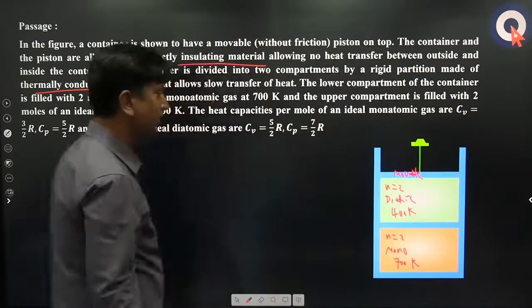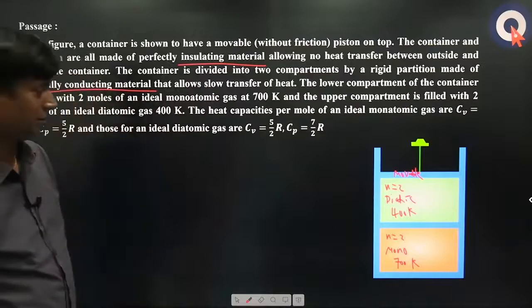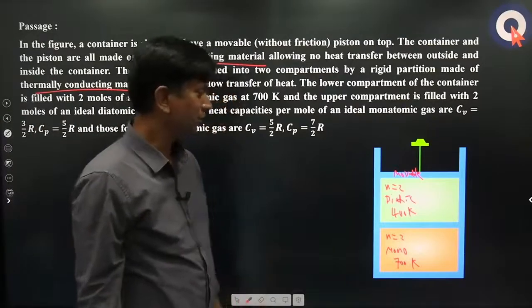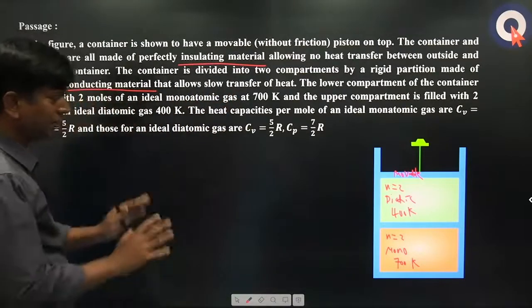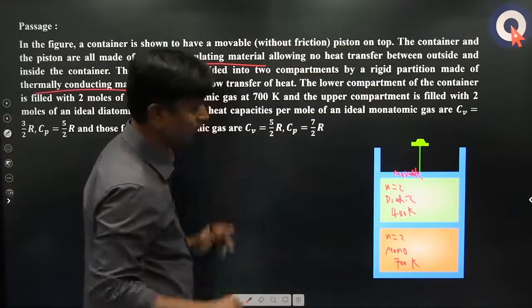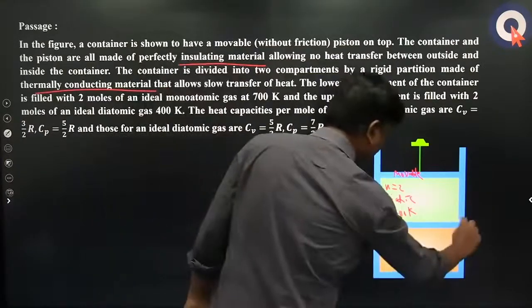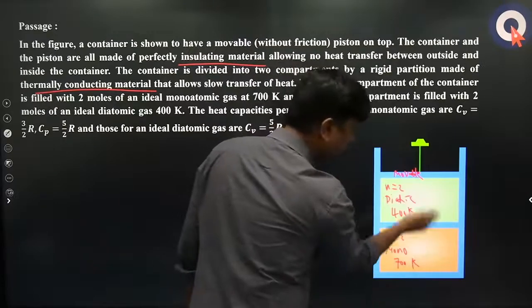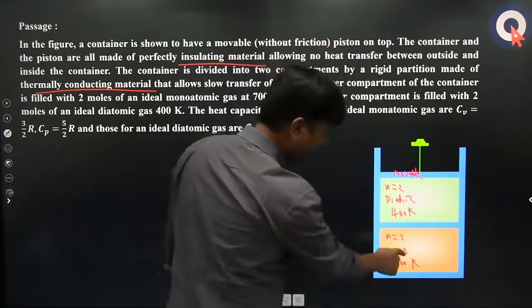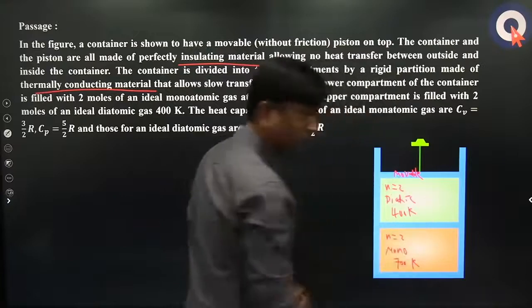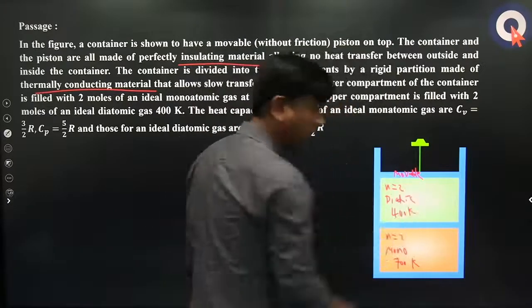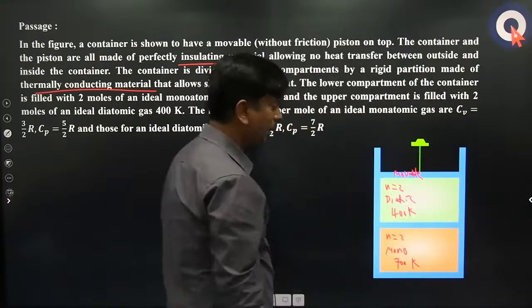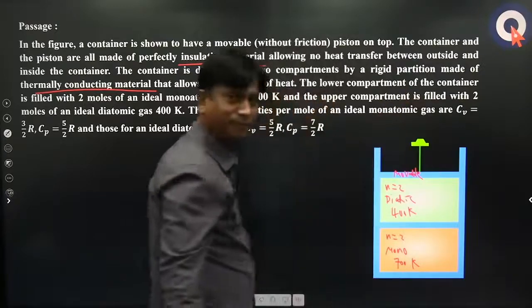Right. Now let us look at some questions on this. This is a passage, and we have given some questions. Now here, if you leave it like this, what will happen? This is fixed, but it will allow the heat. This piston will not move, but this will allow the heat. So definitely this is at 700 Kelvin, it will lose heat to this. So this will gain the heat, and the piston will lift up.